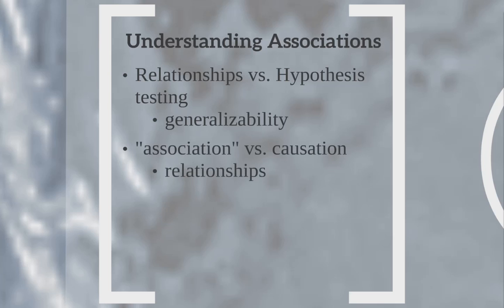And so for understanding associations, we have to be careful with inferences of causation. Oftentimes with bivariate associations, we'll make the statement that one variable causes another, or one variable leads to another variable. However, statistically, we can't infer this.